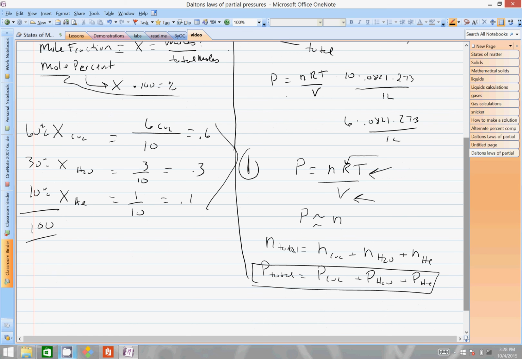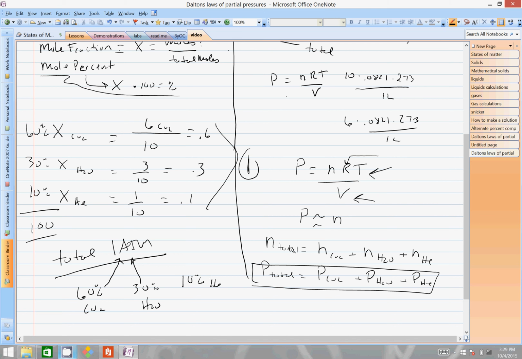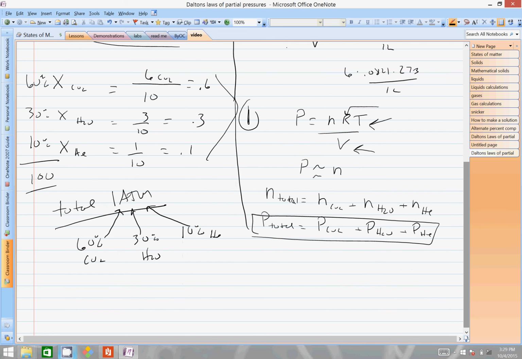You say, well, if the total pressure was given at 1 atmosphere, then 60% of that 1 is due to the carbon dioxide. 30% of it is due to the H2O, and 10% is due to helium. Since it's just 1, 60% of 1 is 0.6, 0.3, and 0.1.